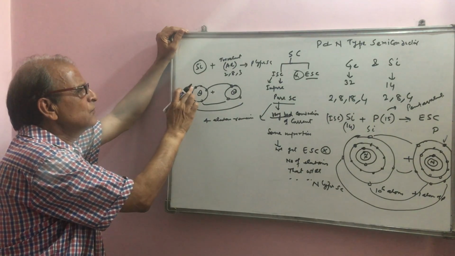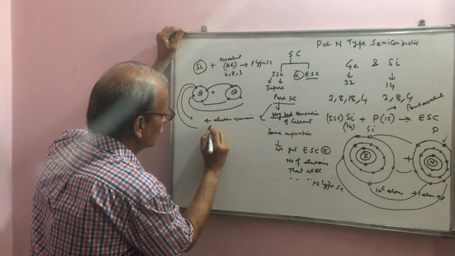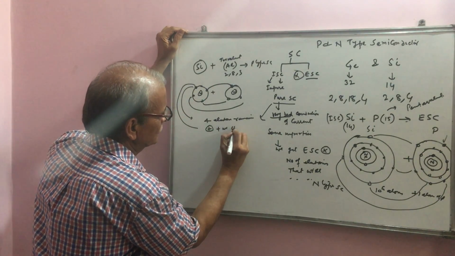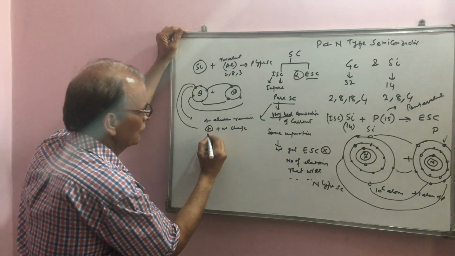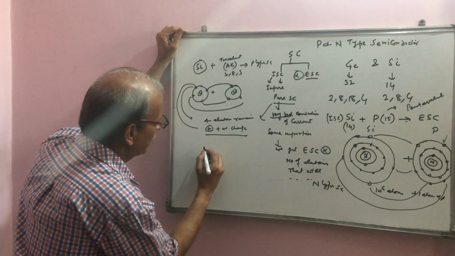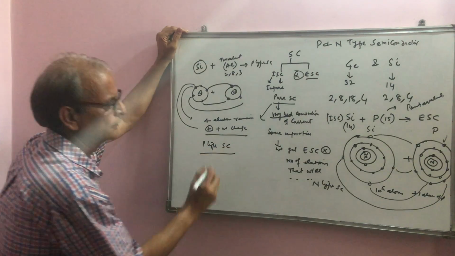And when this tries to leave its position, it will create a hole, a positive charge. And in this system we will have a number of holes, and it will constitute P-type semiconductor.